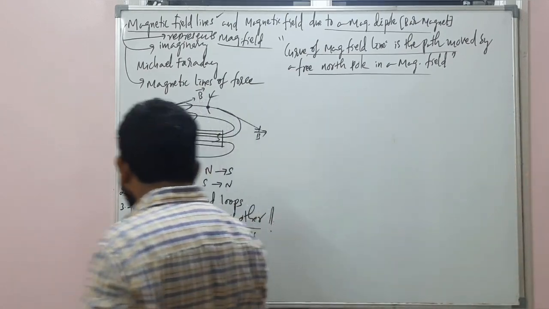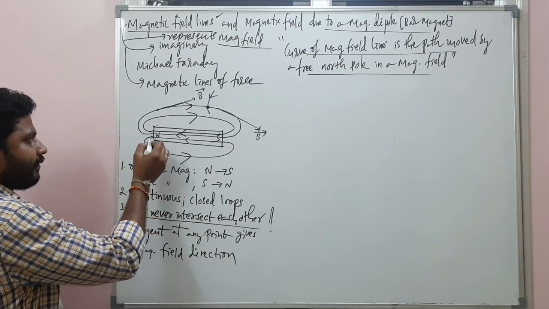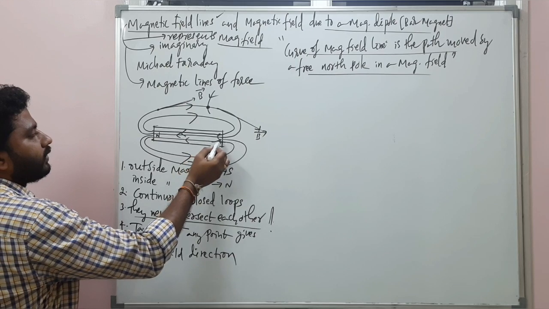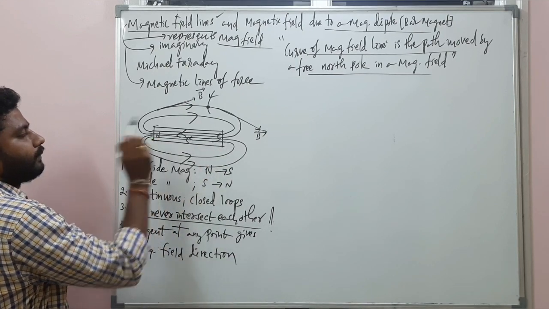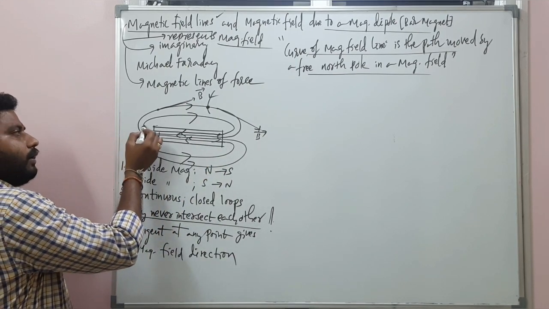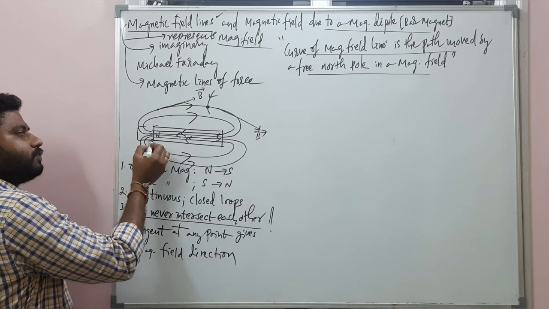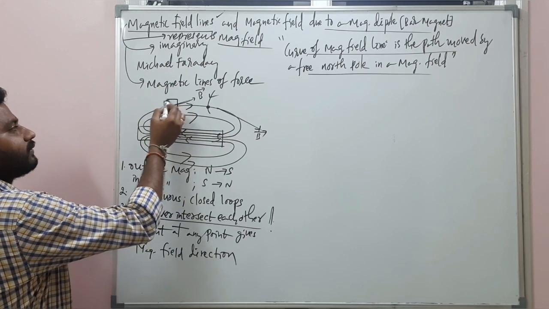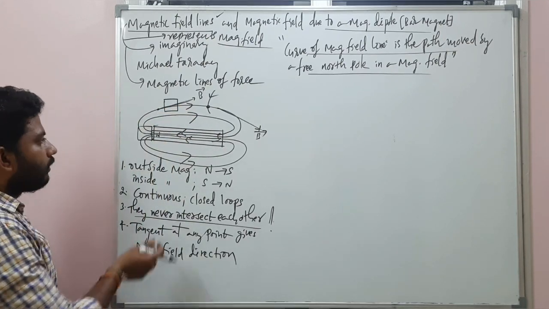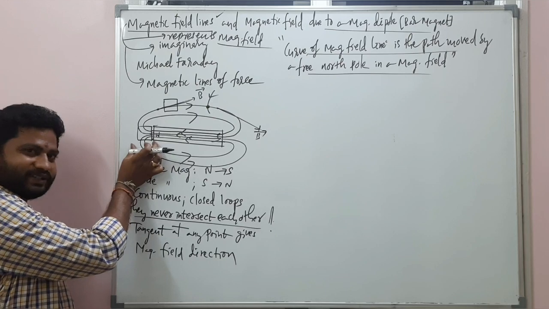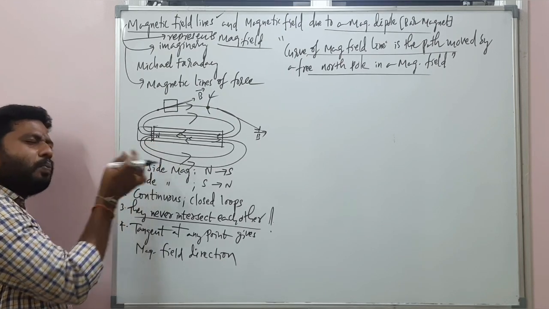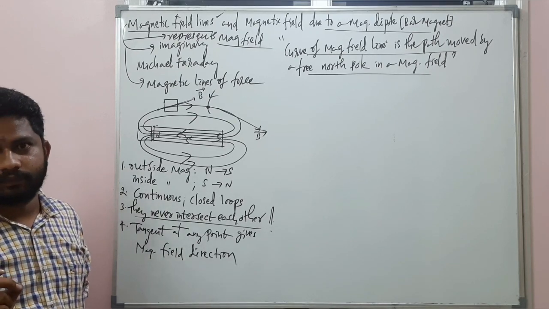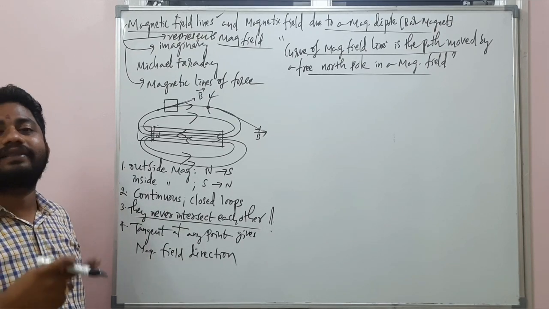Now, look here. One small area you consider, the same amount of area you consider here. Here magnetic flux density is more, yes or no? When more field lines are passing through a particular area, that means the magnetic field strength is also more.